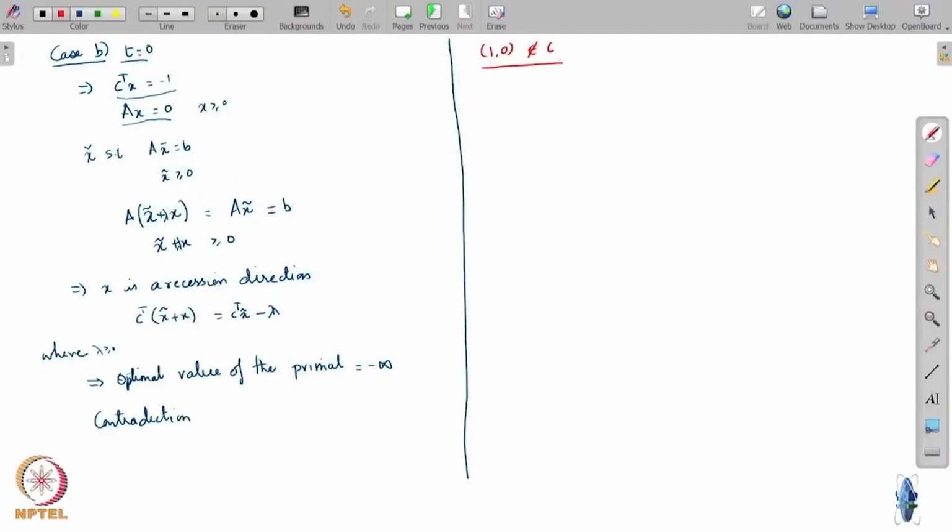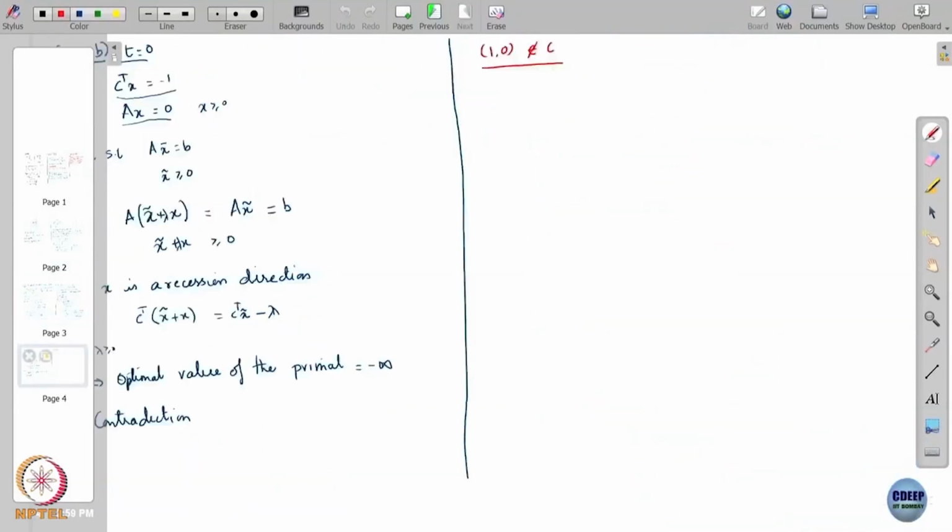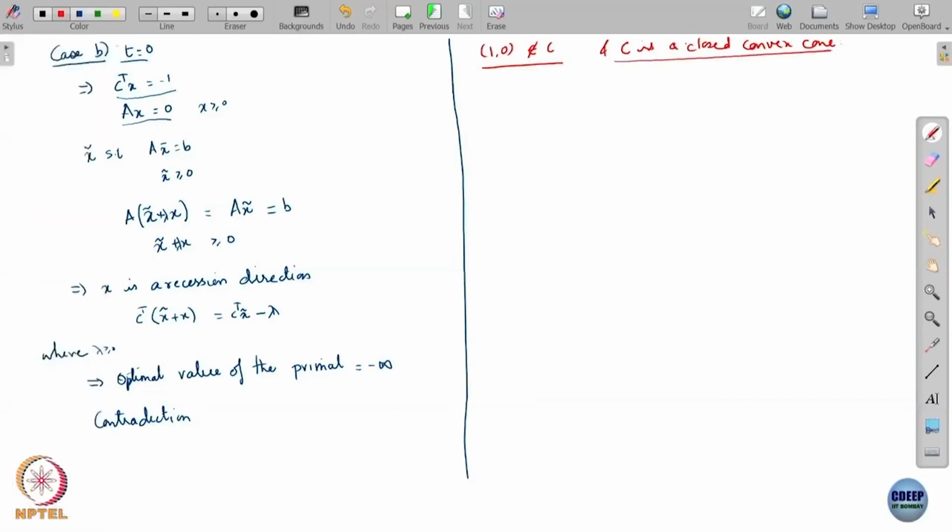Now, let us take a step back and see where we are. We have a set C which is a closed convex cone, and now we have a point (1, 0) that lies outside C. What does this mean?